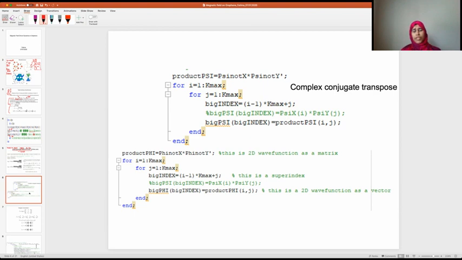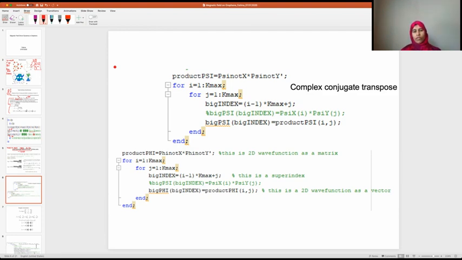Since we are considering two-dimensional momentum space, we consider k points along two directions and two indices for the two dimensions. The maximum number of k points is 55. Here we introduced a super index which consists of two indices, i and j, and we calculated the wave vector as a matrix.